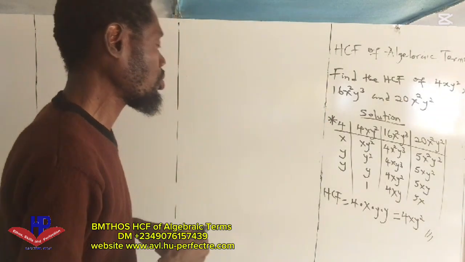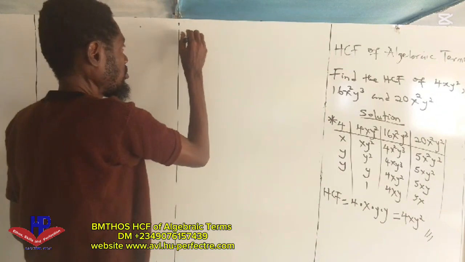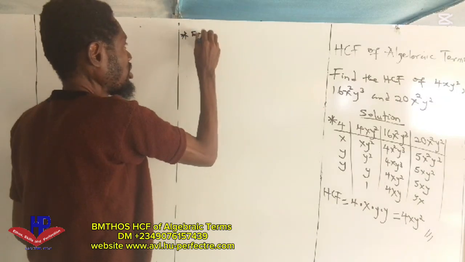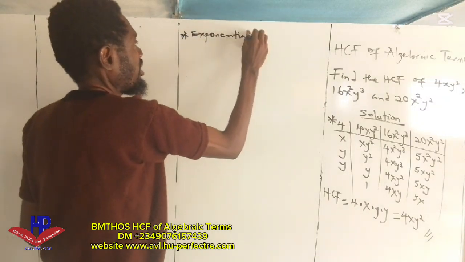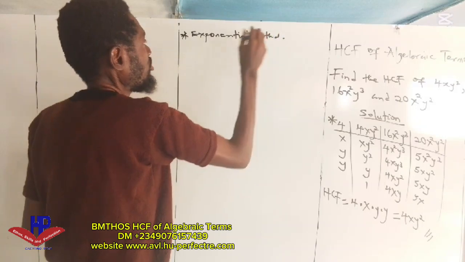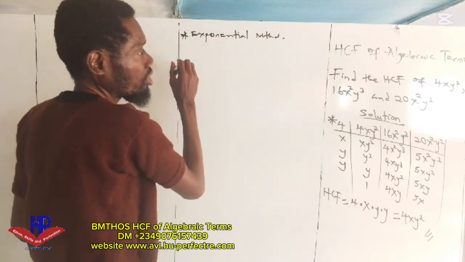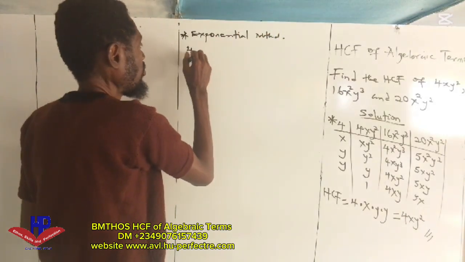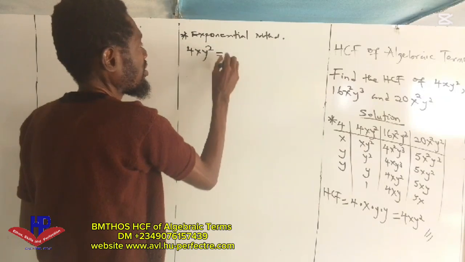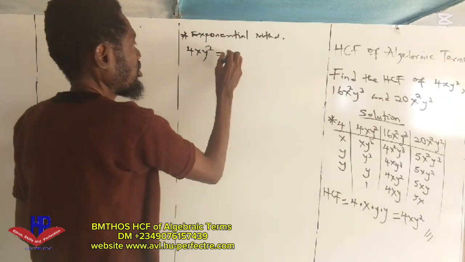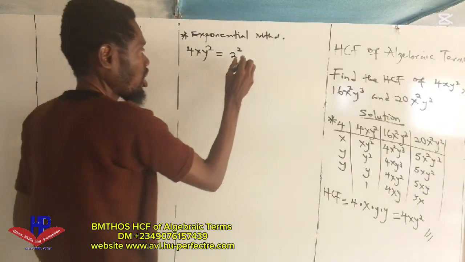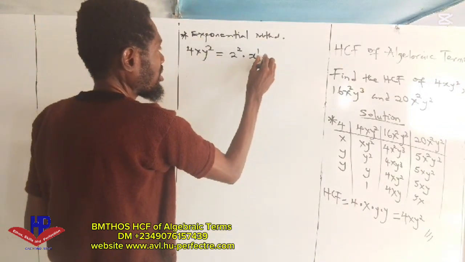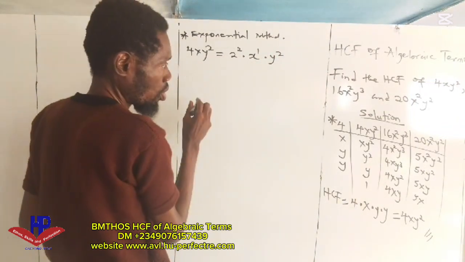Let's quickly run through the exponential form, or exponential method, and see our answer becoming the same. We have 4xy squared; that will be expressed as 2 raised to power 2 times x raised to power 1 and y raised to power 2.